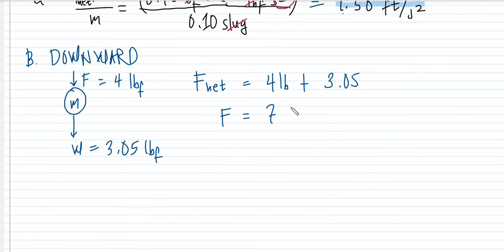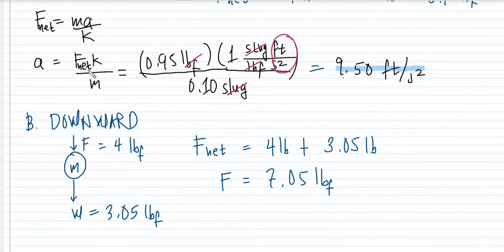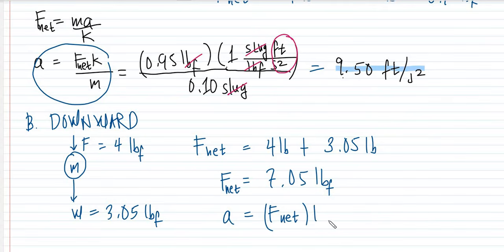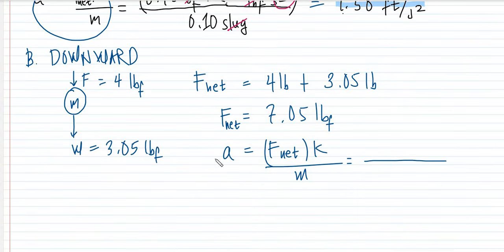That's our total force, so we have 7.05 pound force. We will still use the same formula that we have derived right here. Acceleration is equal to our F net times K all over M. So we have 7.05 pound force.